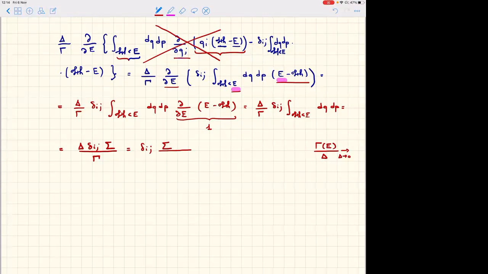This is equal to the derivative of sigma with respect to the energy. So this is delta ij, the derivative with respect to the energy of log of sigma, to the power -1.